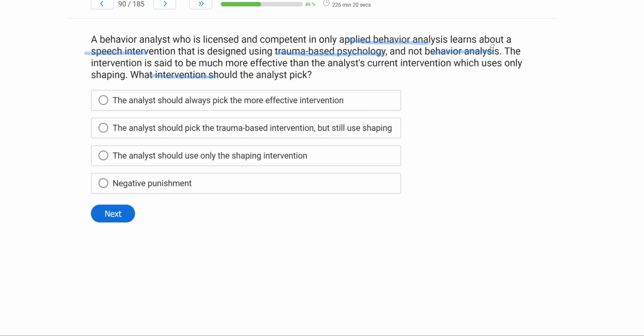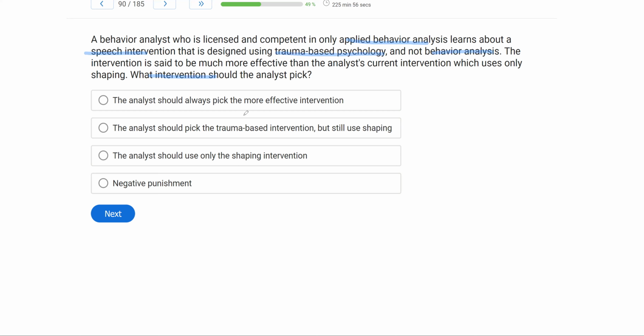Well, immediately it violates one of our dimensions, right? It's not conceptually systematic. We have to be conceptually systematic in our designs, especially if the behavior analyst is not licensed and competent in this other type of psychology. That's a big issue. Now, the intervention is said to be much more effective than the current intervention, but what intervention should the analyst pick?